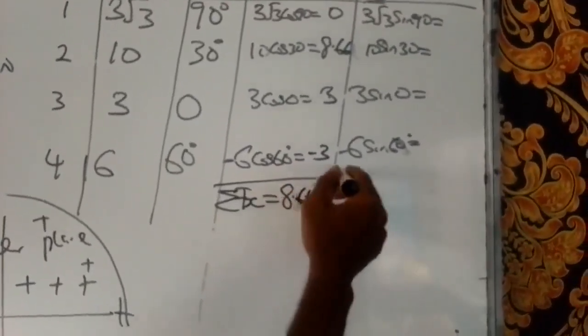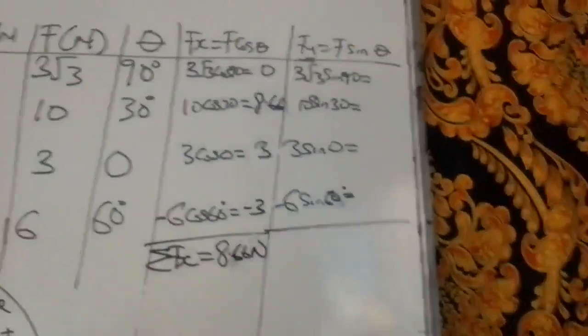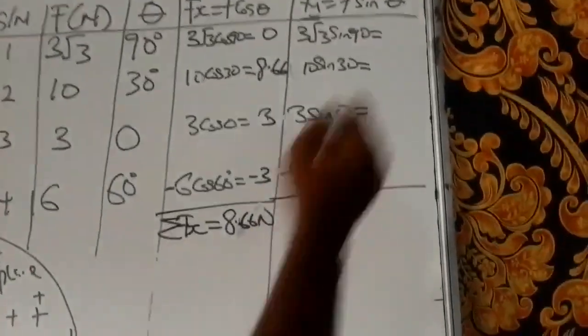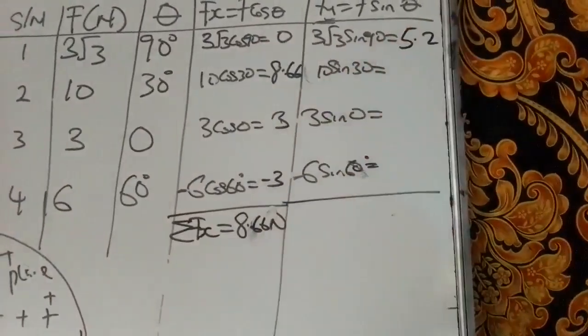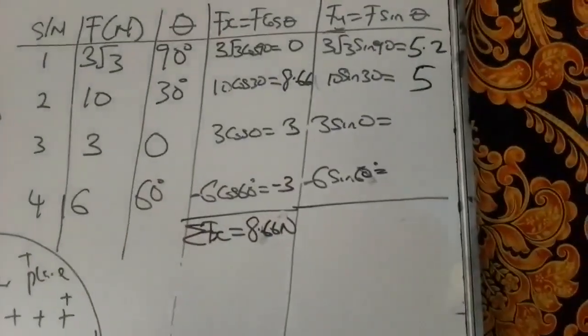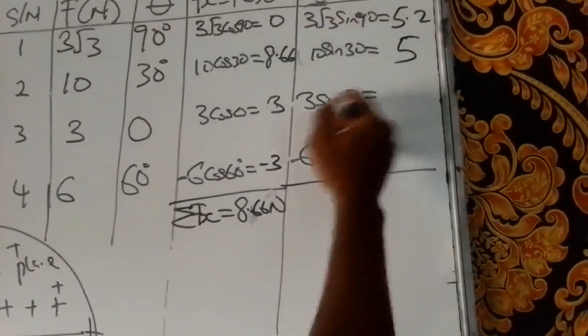We'll now come to the vertical side. 3 root 3 sine 90: sine 90 is 1, so that gives us 5.2 approximately. 10 sine 30 will give us 5. 3 sine 0: sine 0 is 0, so that gives us 0.